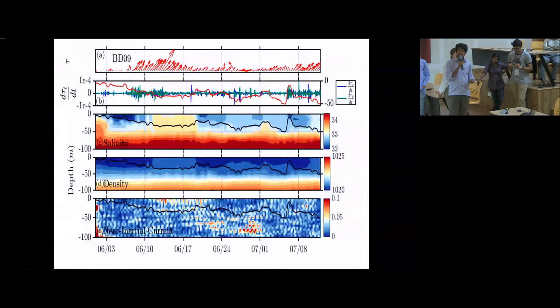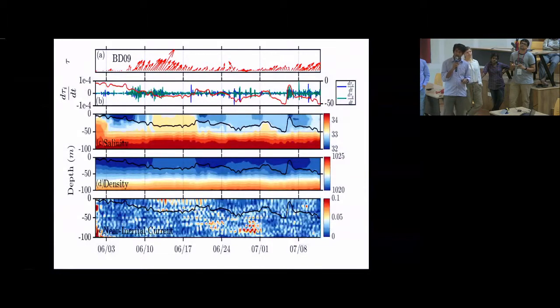In the last panel, we use the current data to see if we can identify near inertial motions, and we were able to find something resembling near inertial motion, and that seems to follow the wind stress.